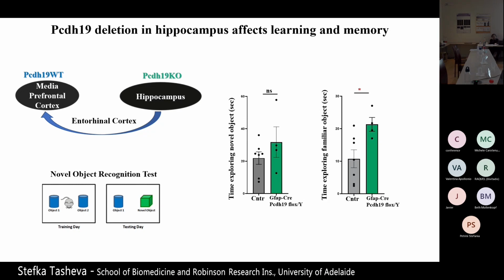So I think they're within the normal range, and I wouldn't say that they are playing too much with the novel object. Most importantly, it's what they are doing with the familiar object, whether they spend the same time as with the novel object, whether they can recognize that there is something they have seen before, or they are just ignoring it and treating it as something new.